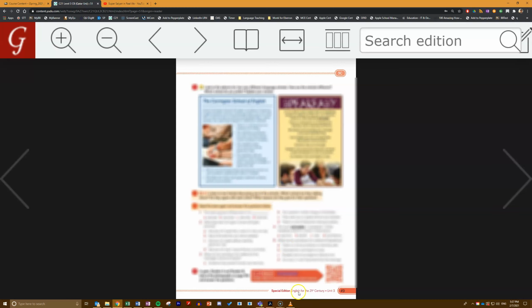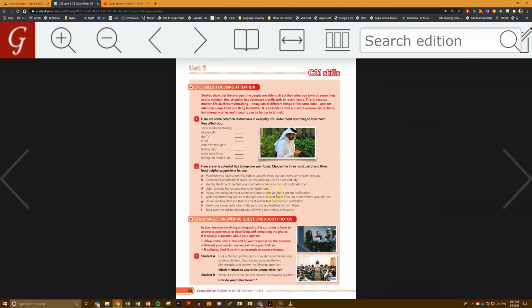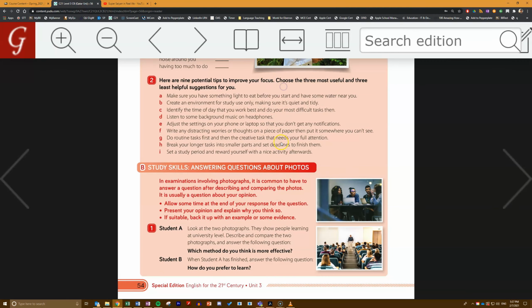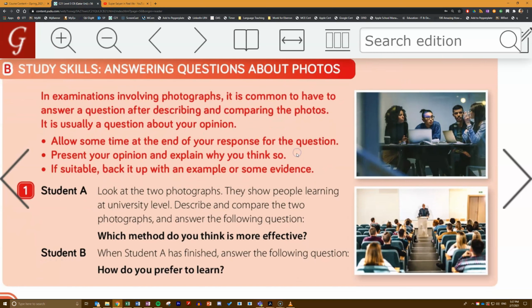Now, let's look at page 54 in your textbook, when it comes to the study skills, answering questions about photos. Here on page 54, we've got this section, answering questions about photos.